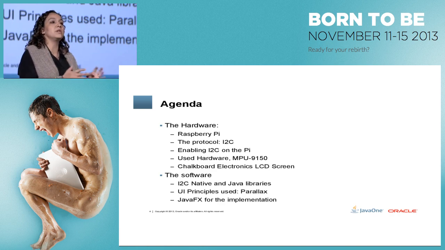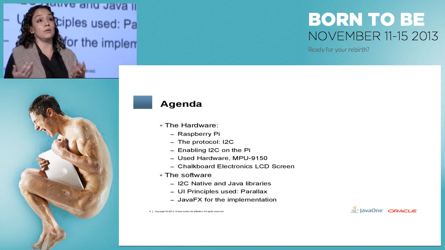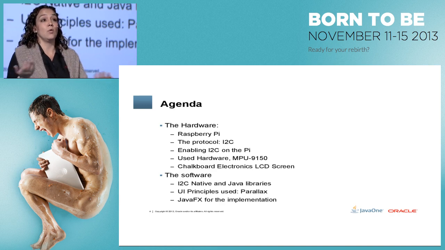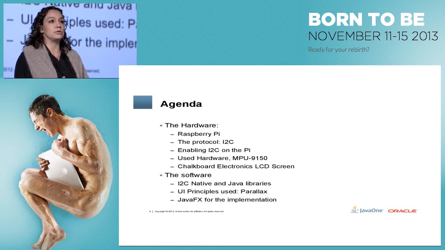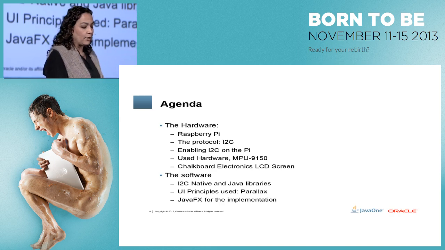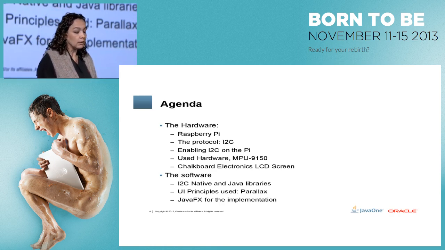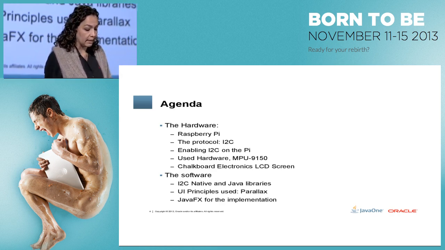It was a little more expensive than the normal. You can find an accelerometer for $7, but this one was $50. It's still expensive if you compare that you're using a $50 sensor with a $35 computer. But for what I wanted to do, I really needed something like that.